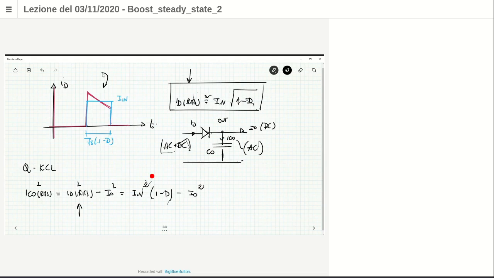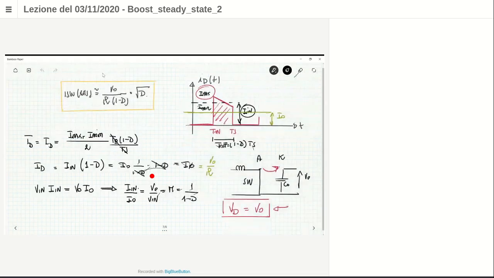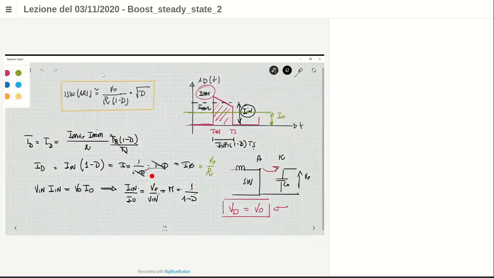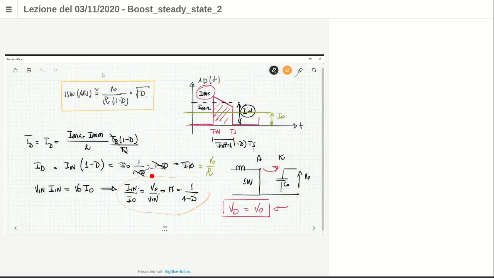So now we know that I_in is given by I naught over 1 minus b.